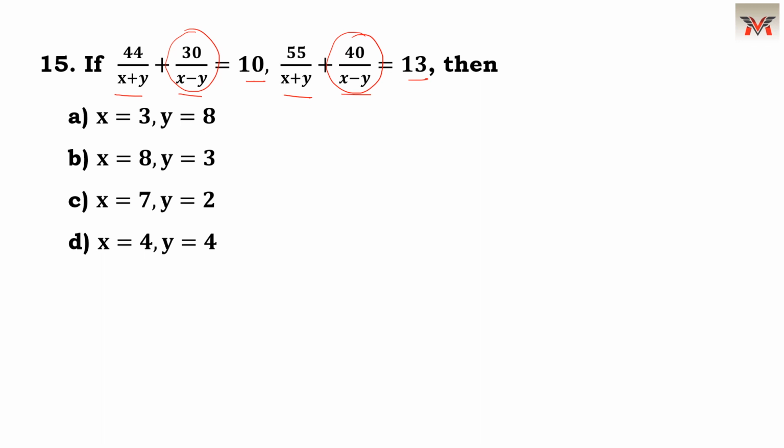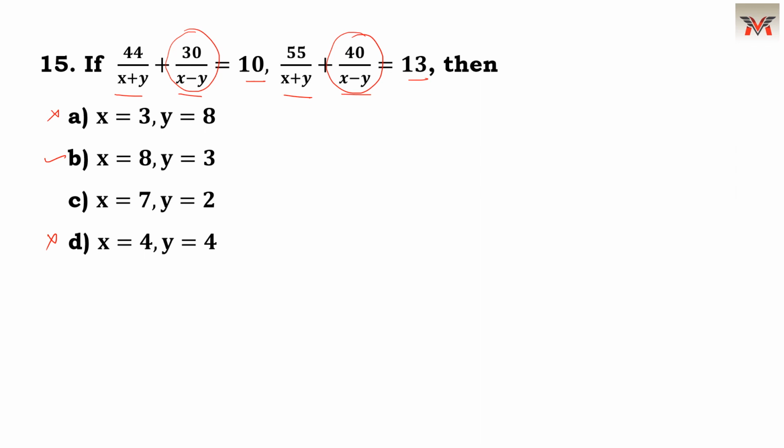So here we can just eliminate the first option. Let us look at the remaining options. We can even eliminate the last option, that is D. We just have to look at B and C. First, let us see with option B. So we have x is equal to 8 and y is equal to 3.